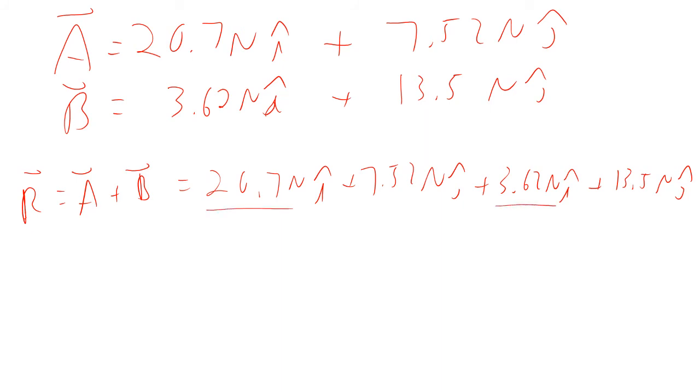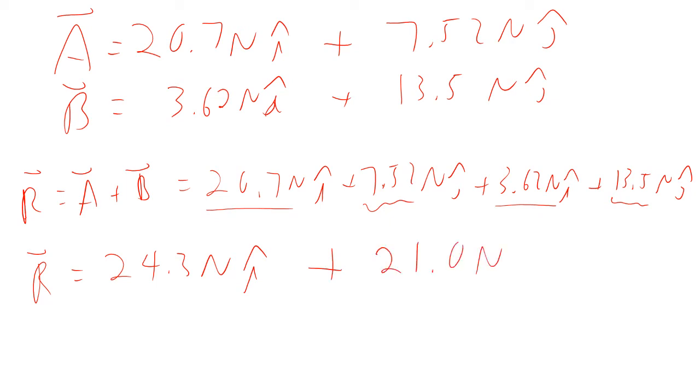You've got this and this both as coefficients of the i, and you have this and this both as coefficients of the j. So R is now going to be equal to 24.3 newtons i plus 21.0 newtons j.